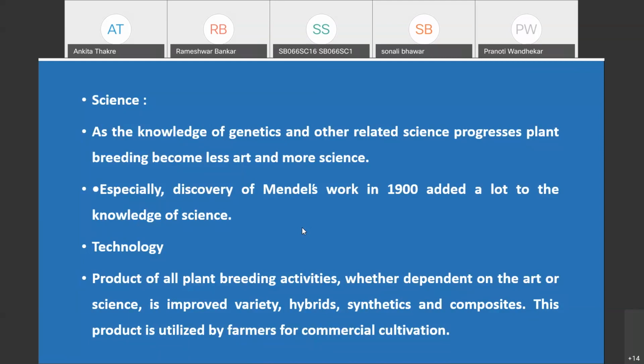And in the modern era, we can say it is producing a product in the form of a superior variety, and this product is utilized by the farmers for commercial cultivation. And that's why in the modern era, we can say plant breeding is less art, more science and technology. Okay, that is all about the nature of plant breeding.